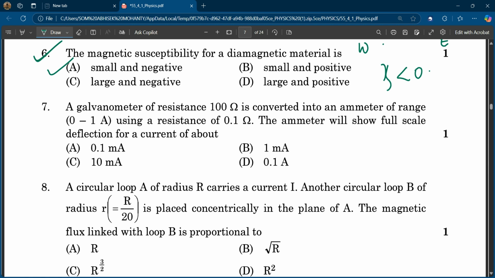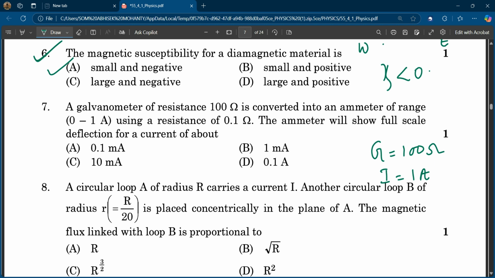So the resistance of the galvanometer is G equal to 100 ohm. The current in the ammeter is 1 ampere, and the shunt resistance is 0.1 ohm. So that is the question.